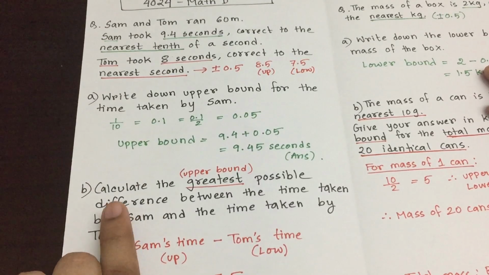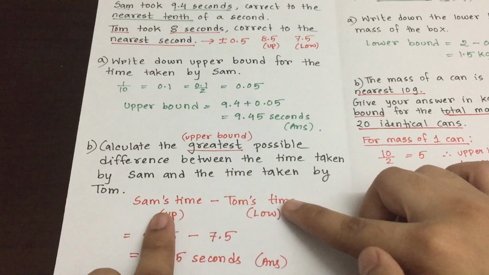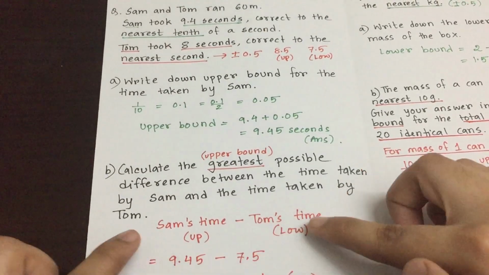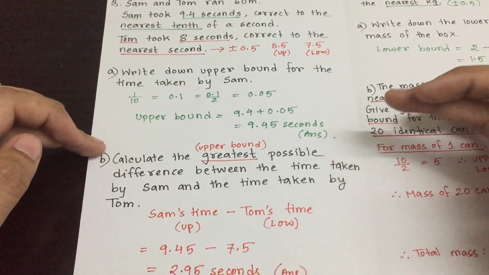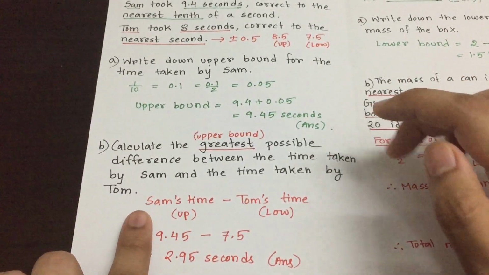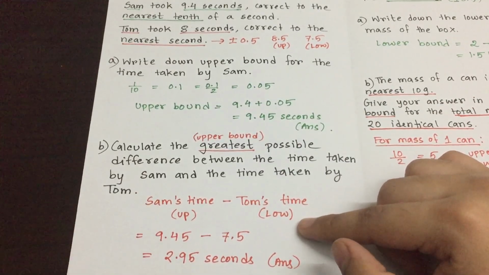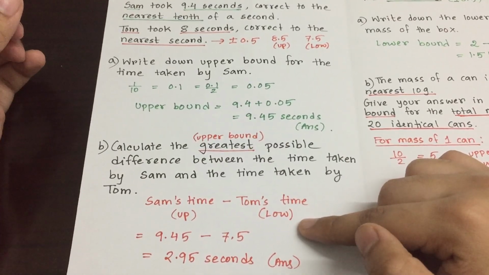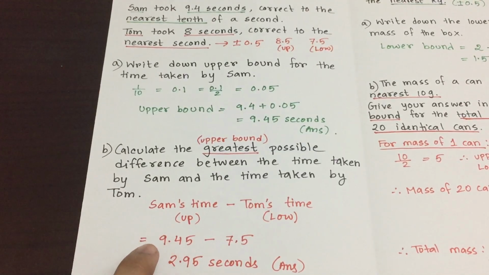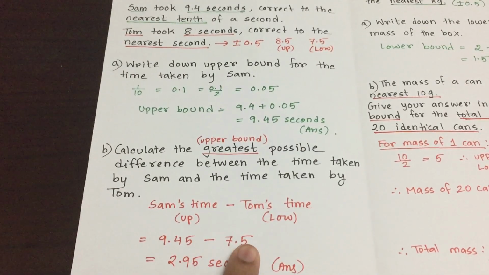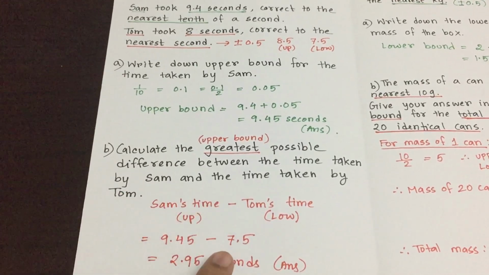So we have to find out the difference between Sam's time and Tom's time, and this time has to be the greatest time, which is the upper bound of Sam's time minus Tom's time. So as we know, in case of subtraction, the first one has to be upper bound, and the second one has to be lower bound.